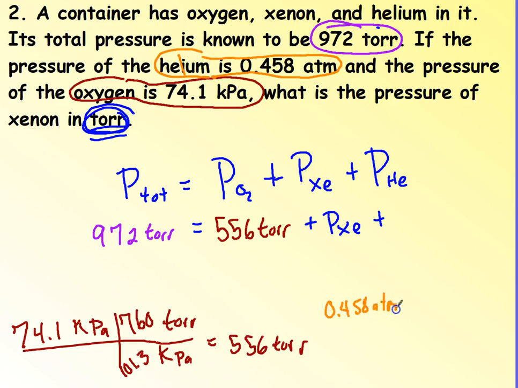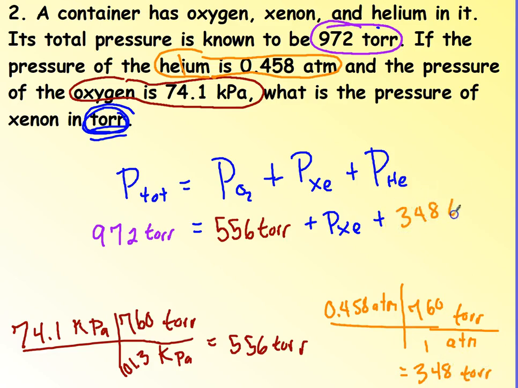I'm going to go from atm to torr. 1 atm is 760 torr. If I plug it in, I got 348 torr. And so I'll put it in here, 348 torr.